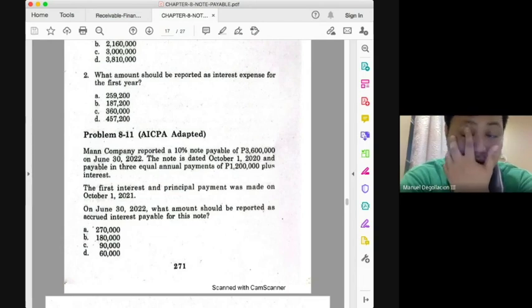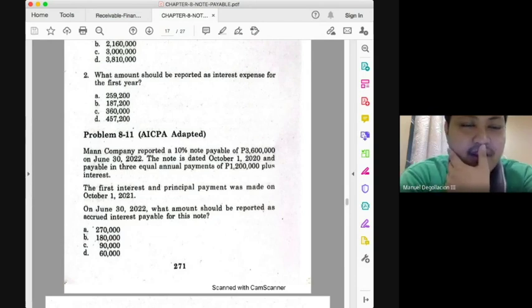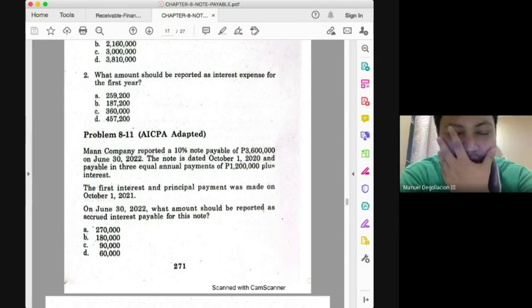Accrued interest would also be among the commonly asked questions for this topic, especially for problems wherein the issue date of the notes payable does not fall on the start of the year or the end of the year, or the reporting period or the reporting date.